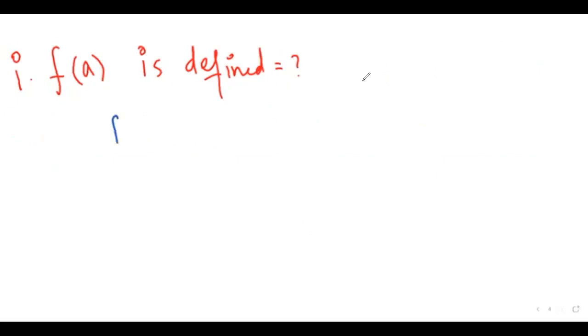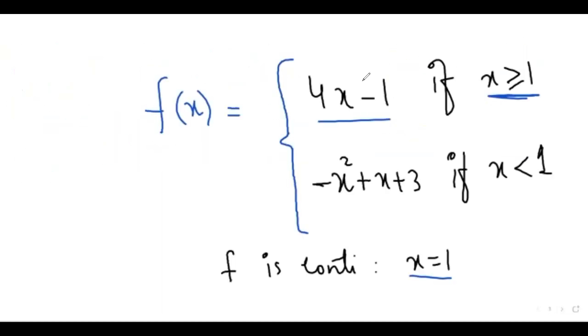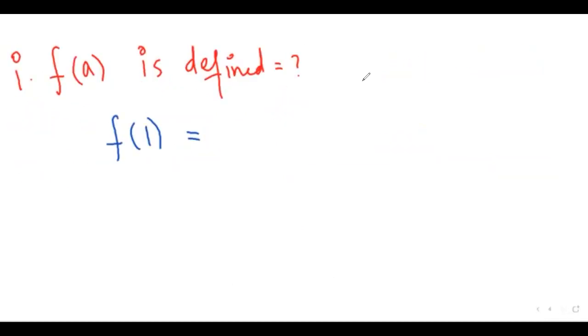So f of 1 is defined or undefined. We are getting defined values. We are going like 4 times 1 is 4, minus 1 is 3. So you can write f of 1 is equal to 3. So it's a defined value. So first condition is satisfied.